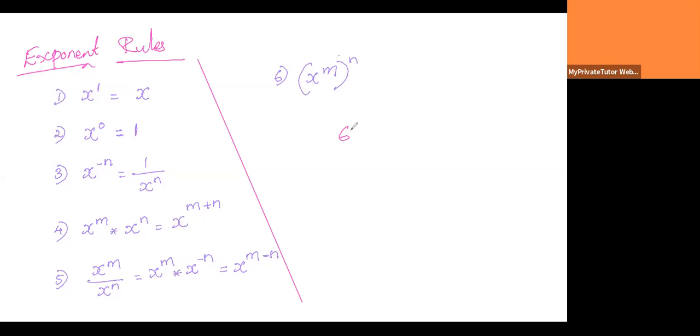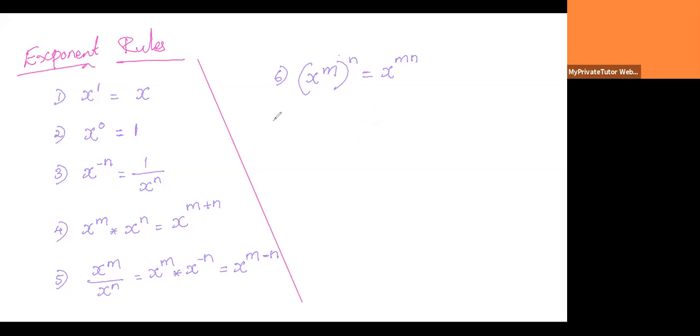You want me to give an example? 6 square whole power 3, 6 power 2 whole power 3. How does this work? We just need to multiply both the exponents. That's it. X power m times n, which I'm writing as mn. Okay, that's fine, I think. So we'll go to some questions so we'll get an idea though.